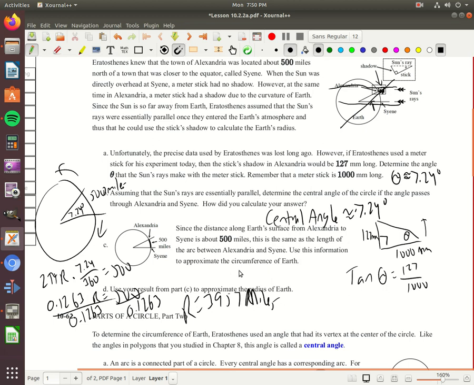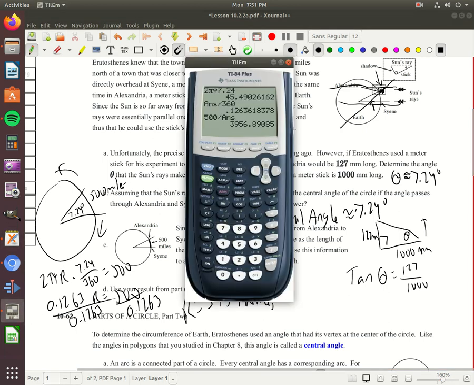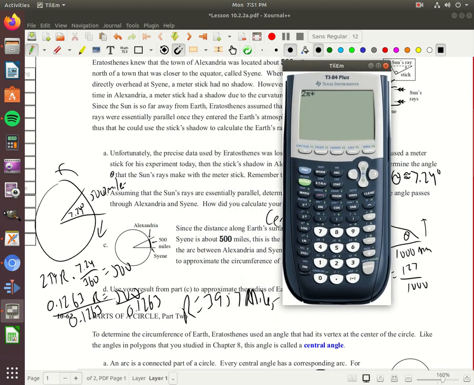Now I can work backwards and just go 2 pi r to get the circumference of the Earth. So I'll say 2 times pi times my radius of 3,957, and I will get a circumference of 24,862 miles.